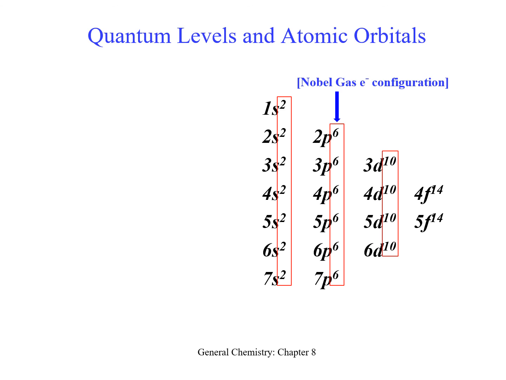And we have the d orbitals, which have 5 orbitals, and each orbital can hold 2 electrons. So we have 10 possible electrons in the 3rd quantum shell, 3d, I should say, 4d as well, 5d as well, and 6d as well.